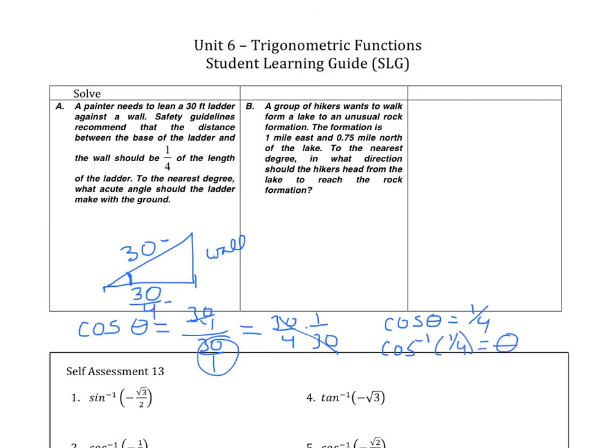I'm given the ratio, what's the angle? If I use my second cosine button on my calculator, I can find the inverse and find the angle. So inverse cosine of 1/4 actually gives me 75.5, so I'm going to say 76 degrees. Go ahead and try B for homework.